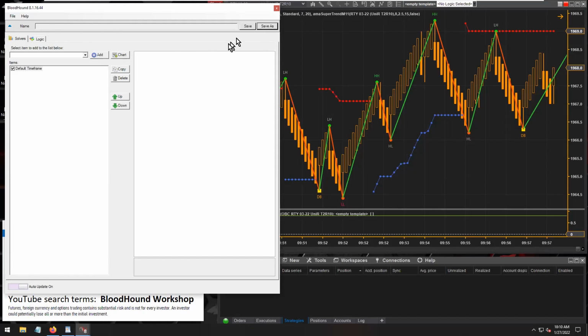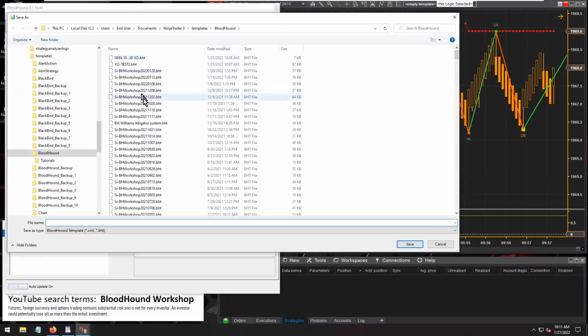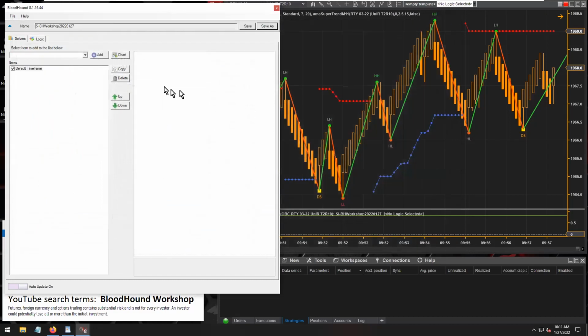I'm going to hit the Save As button, take last week's file name, and just update the date here. We'll save that, and now we have a file name for our work to be saved to.